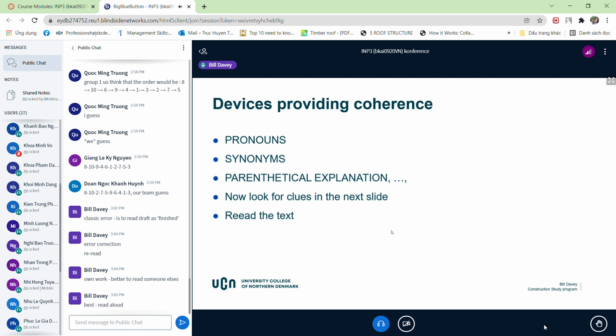That's very important also for 4th semester and 5th semester. But when you're trying to make your writing more precise, you can use parenthetical explanation. And that's 2 big words, and you think, what the hell does that mean? And I don't blame you. What it means is when you say the same thing twice.